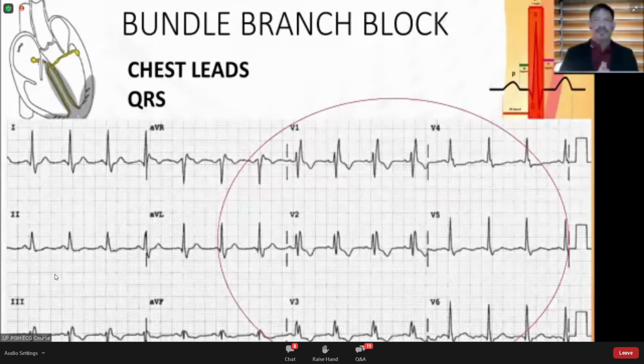As PR interval gives us a clue to AV conduction issues, QRS morphology can also point to blockade of conduction through the bundle branches. For this, examining the chest lead is helpful in recognizing bundle branch block.